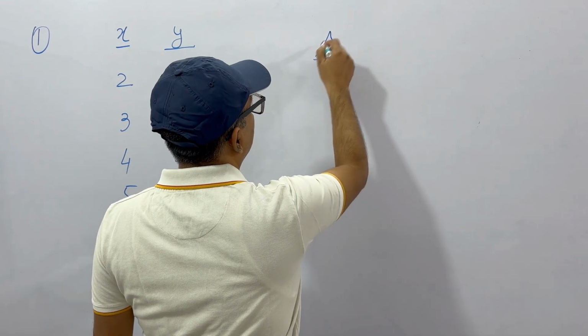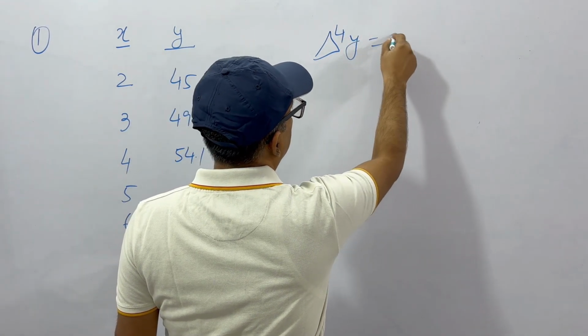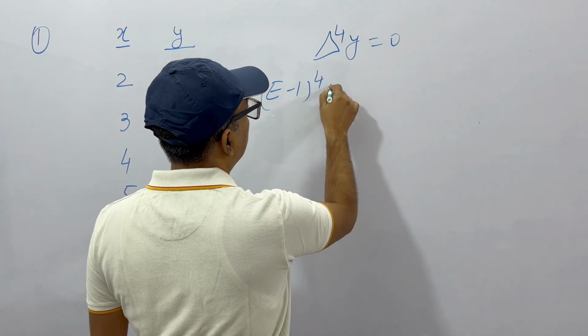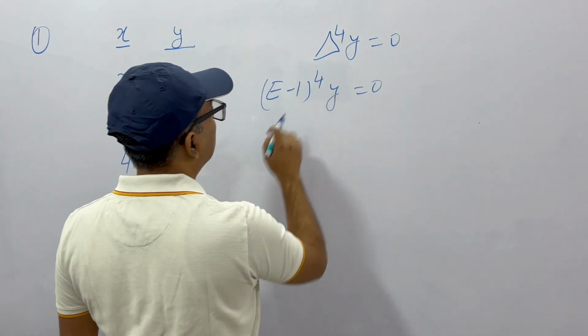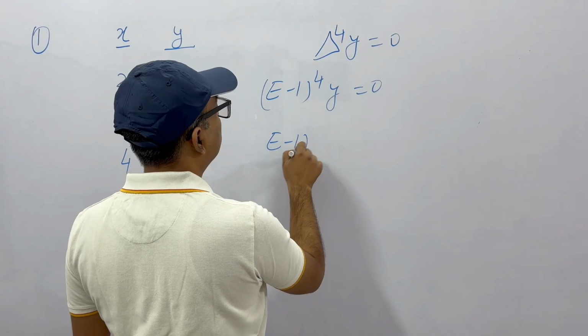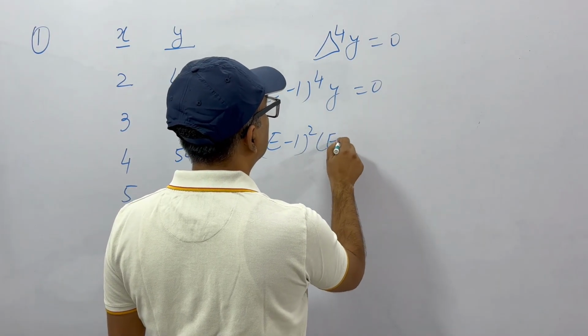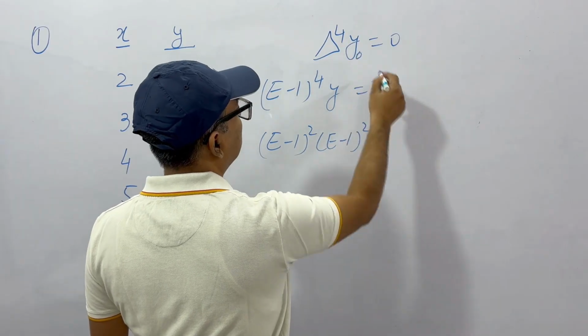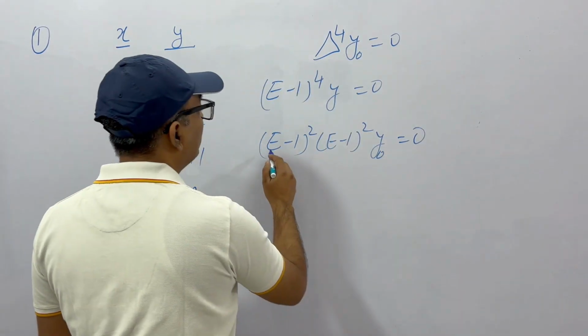We know delta 4 of y is equal to 0. What is this? This is (E minus 1) to the power 4 of y equal to 0. This is (E minus 1) square into (E minus 1) square of y0 equal to 0.